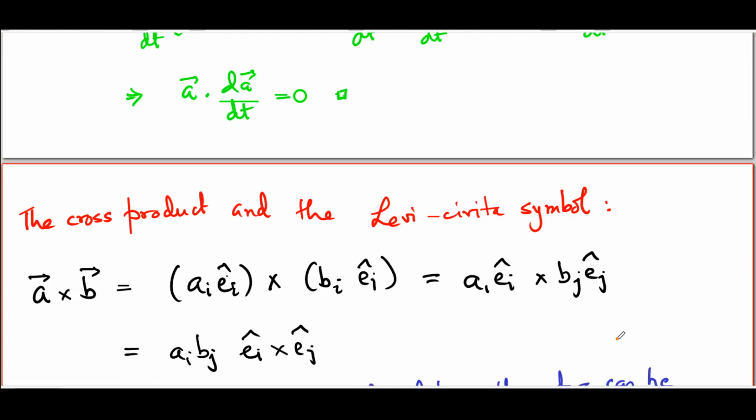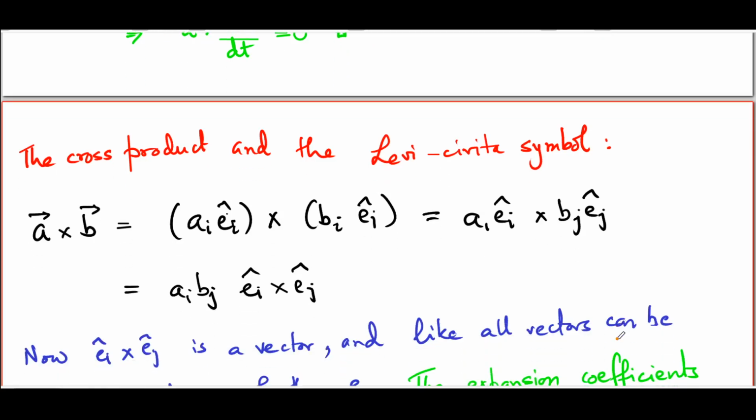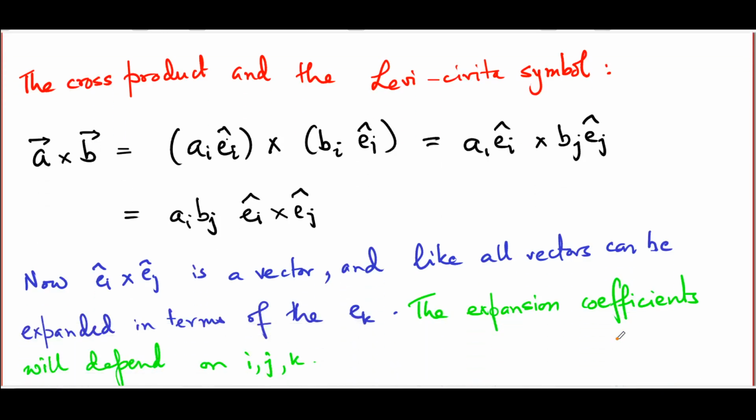Now what exactly is this vector e_i cross e_j? It's a cross product of two basis vectors, and it is a vector. And like all vectors, it can be expanded in terms of e1, e2, e3.